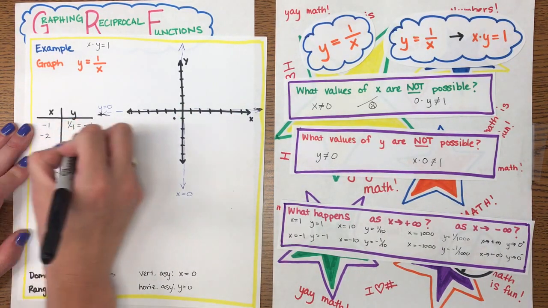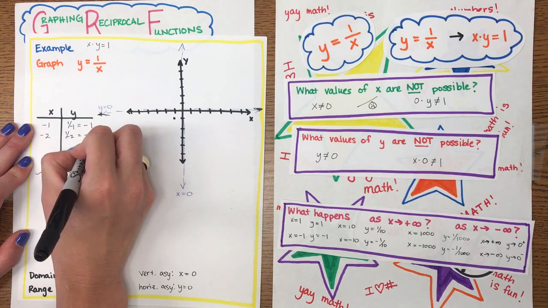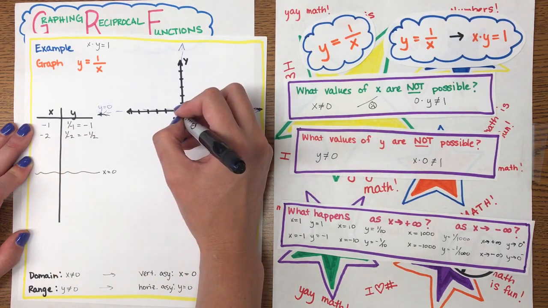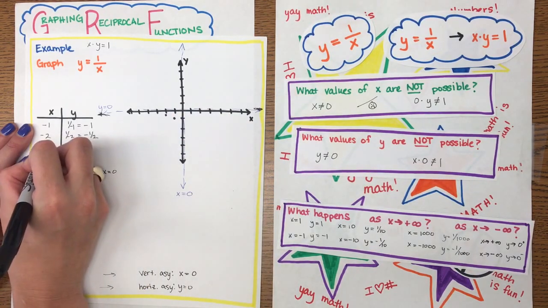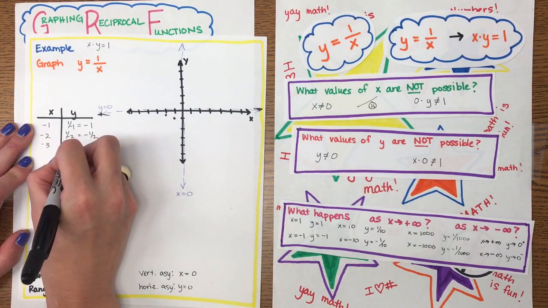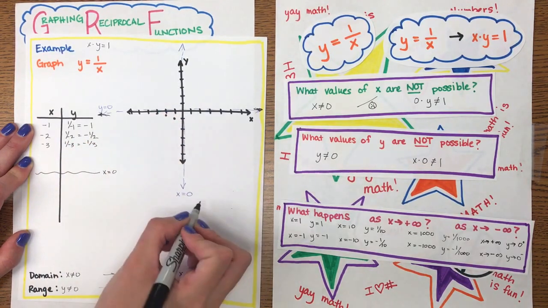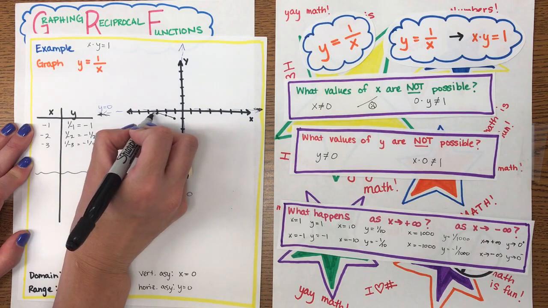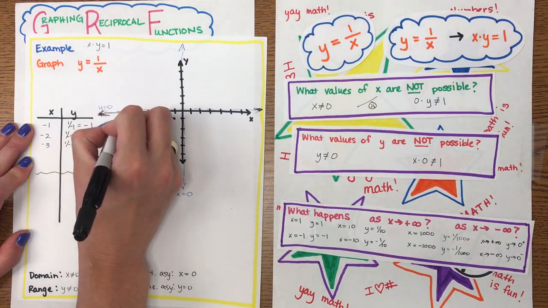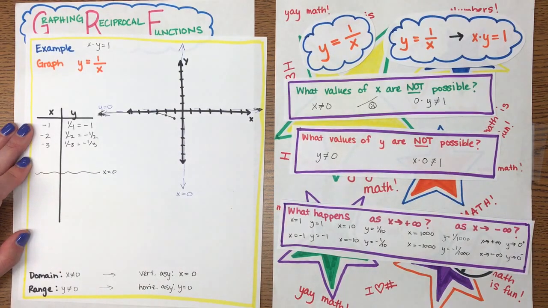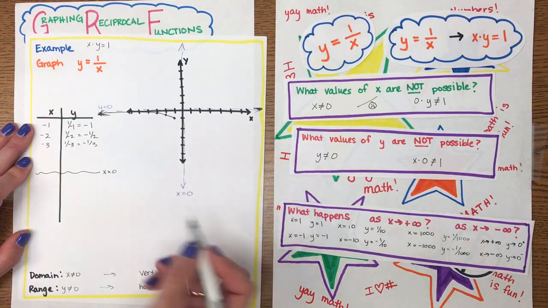If I plug in negative 2, I get 1 over negative 2, which is negative 1/2. So negative 2, negative 1/2 is right there. If I plug in negative 3, 1 over negative 3 is negative 1/3. And you can see I'm getting closer. So I can follow this and approach that asymptote from below. I want to know what's happening between negative 1 and 0.